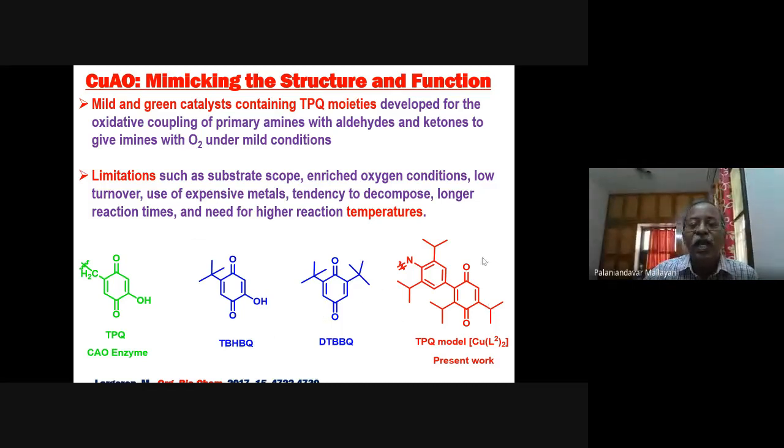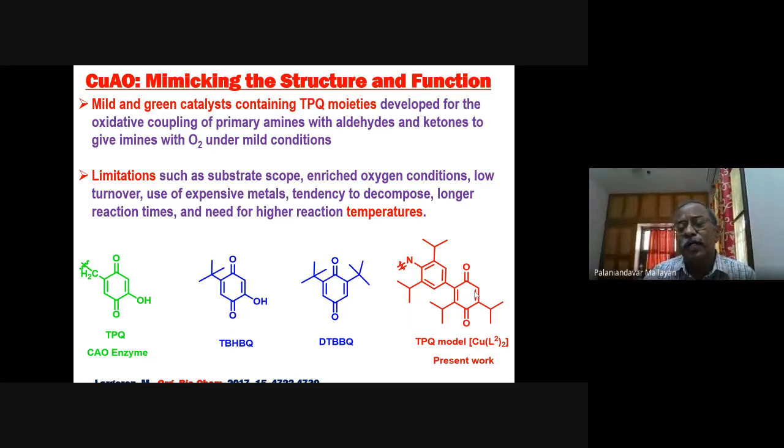And here is the model we got in IITB. See, you have topoquinone, a very complex one, in fact. So this is the model generated. This nitrogen here was bound to copper. So this was crystallized as soon as the research scholar mixed the ligand with copper.